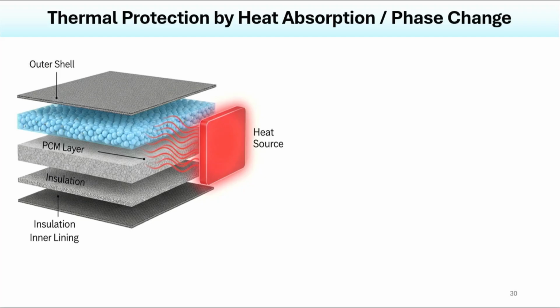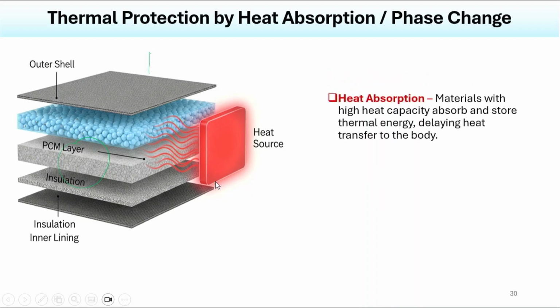Now, thermal protection by heat absorption or phase change. Here is the outer shell fabric. This is the heat source, and here, if you see, this is the phase change material layer, which absorbs heat.